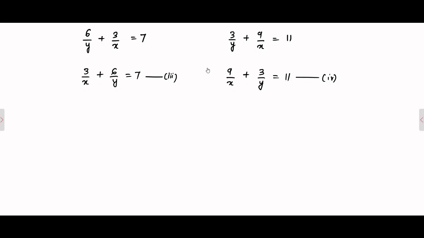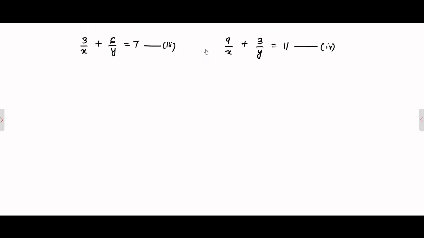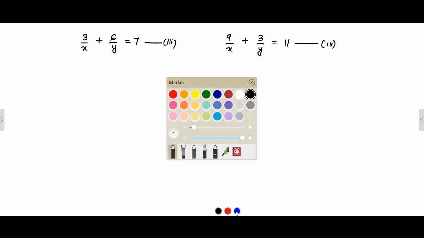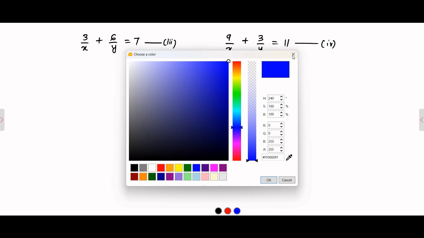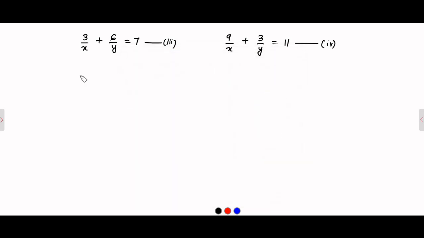Now these two equations are in the format that we have solved previously, so you know what the next steps are. The variables x and y are in the denominator, so we have to make some substitutions to convert it into the standard format with the variables in the numerator.